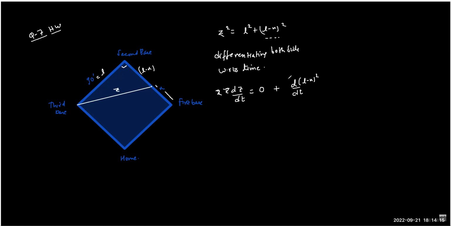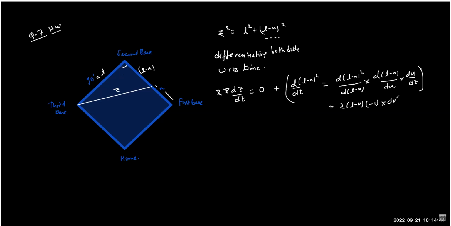Now this we can rewrite as d by d(L minus x), because that's common, then d(L minus x) by dx, then dx by dt. These are the steps. Do you realize this? So what you will get is twice of (L minus x) into minus 1 into dx by dt, which is okay, fine. This is given to us.